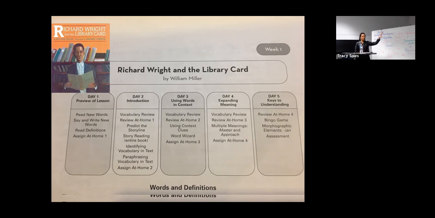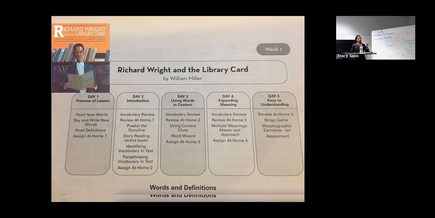Now, this approach was originally written for teachers who were teaching in Washington, D.C. and teaching in Houston, in areas where there were high populations of African-American children who spoke African-American vernacular.